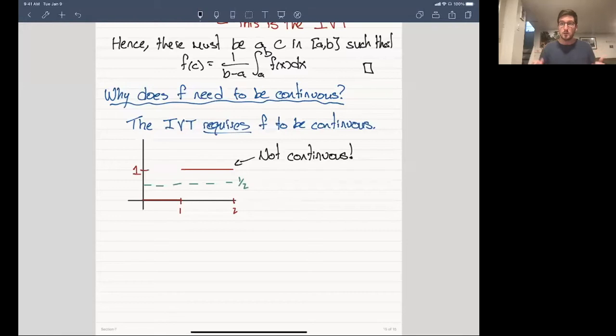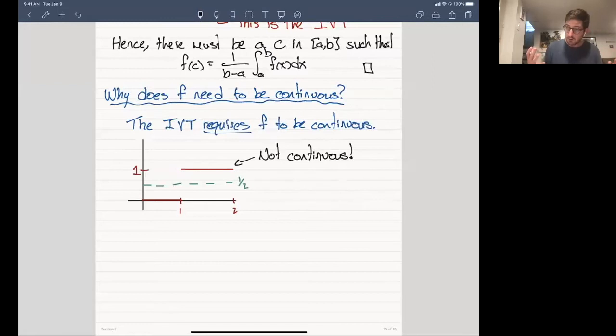That included functions that have finitely many jump discontinuities, just like the function that I drew on the board. But it turns out that if we want to use the mean value theorem, then we require continuity as well. And this is going to be a theme. We're going to require continuity when we talk about the fundamental theorem of calculus.